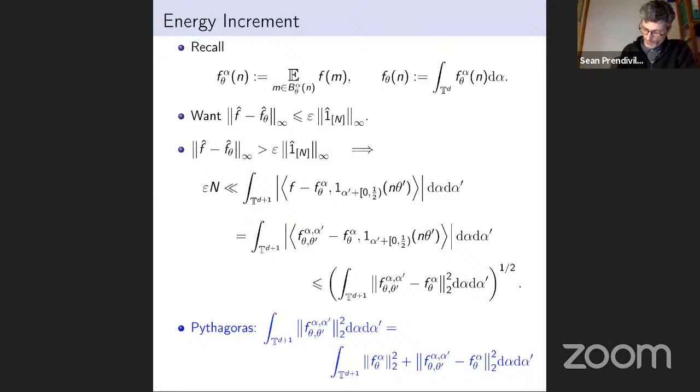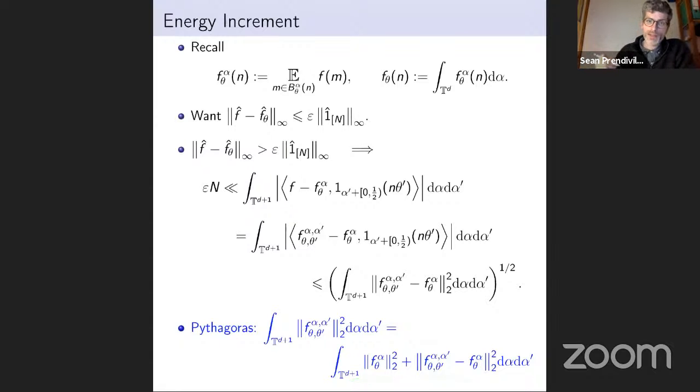Now we know this thing is large from this string of inequalities. So what we've shown is if we don't have a nice Fourier approximation, the Fourier approximation we're looking for, the energy of the new projection is bigger by an epsilon proportion than the energy of the old projection.